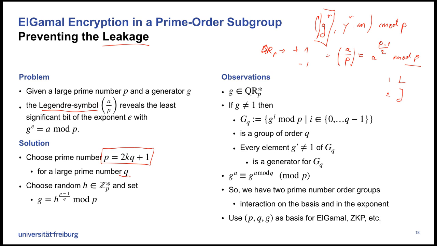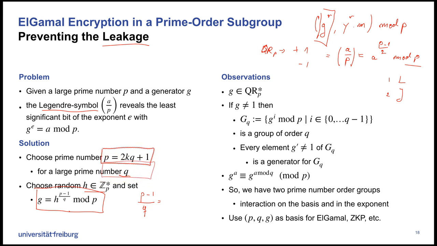Then after doing that, you take a random h and compute g, which is h to the (p minus 1) divided by q. Let's calculate this number. P minus 1 divided by q is equal to, we plug it in.